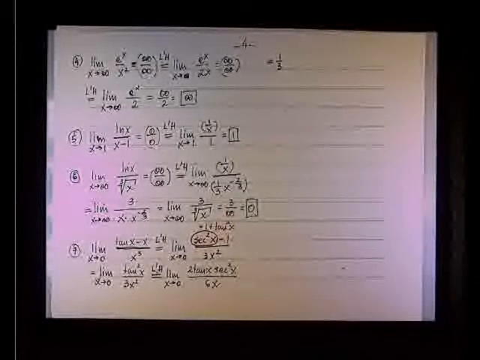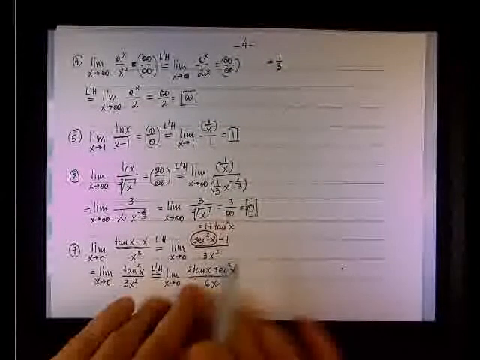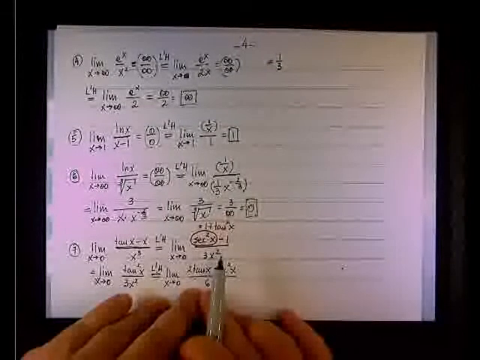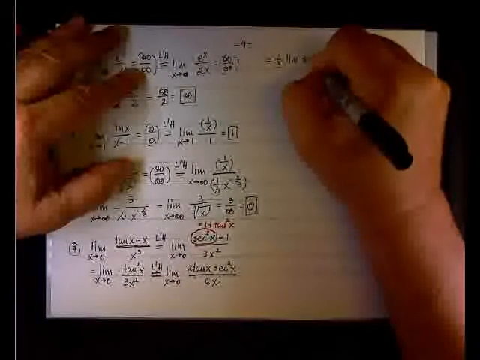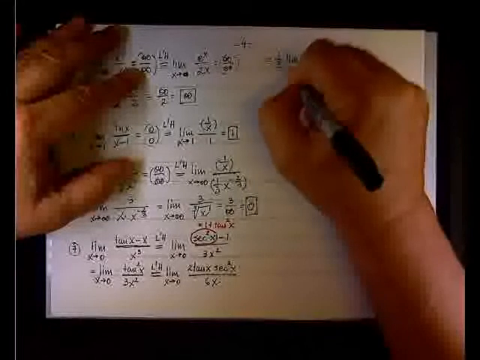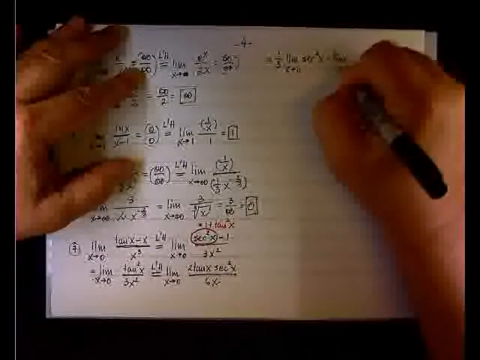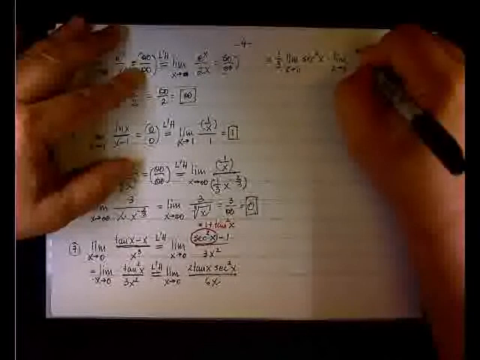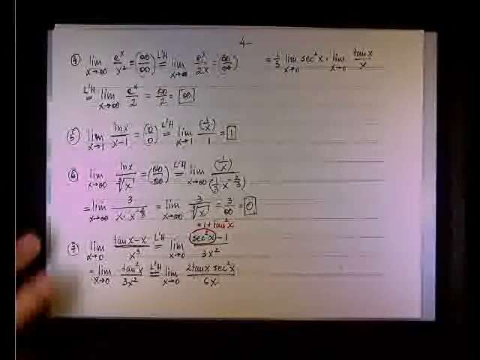And I know that the limit of a product is the product of the limits. So I'm going to break down this quantity. I took care of the 2 over 6, and now I'll write it as the limit of secant squared as x goes to 0 times the limit as x goes to 0 of tangent x over x.